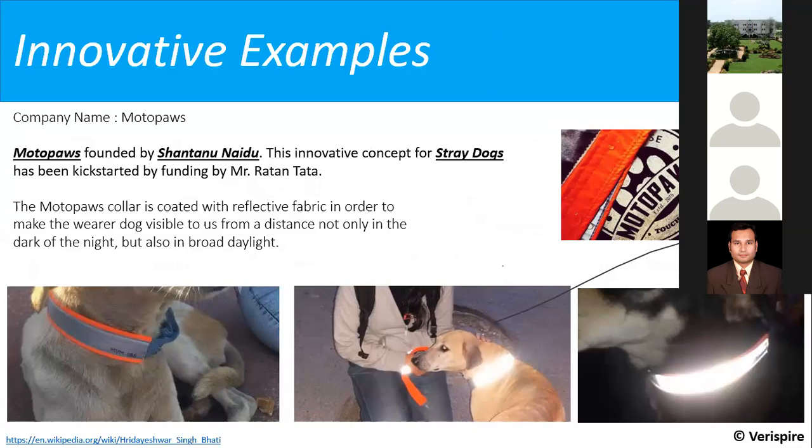He protected his invention of reflective pet collars, or I should say LED pet collars. You can Google it. Motopaws is a company funded by Ratan Tata for 14 million. A simple, basic invention of LED pet collars, nothing complex.